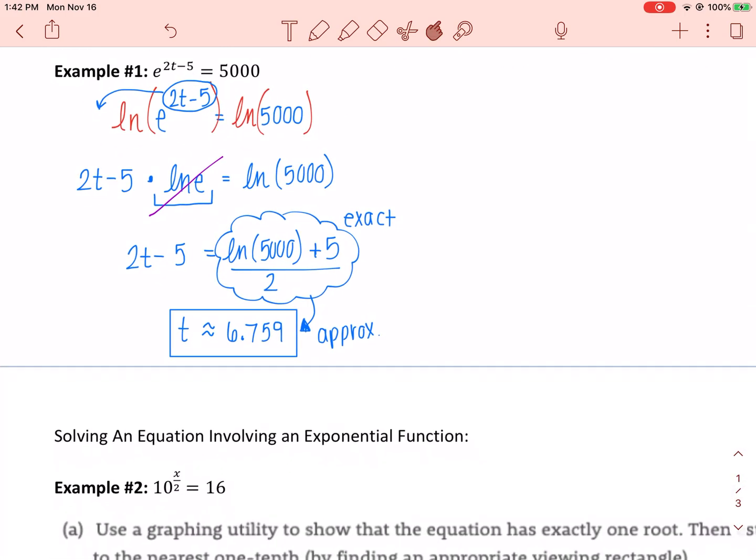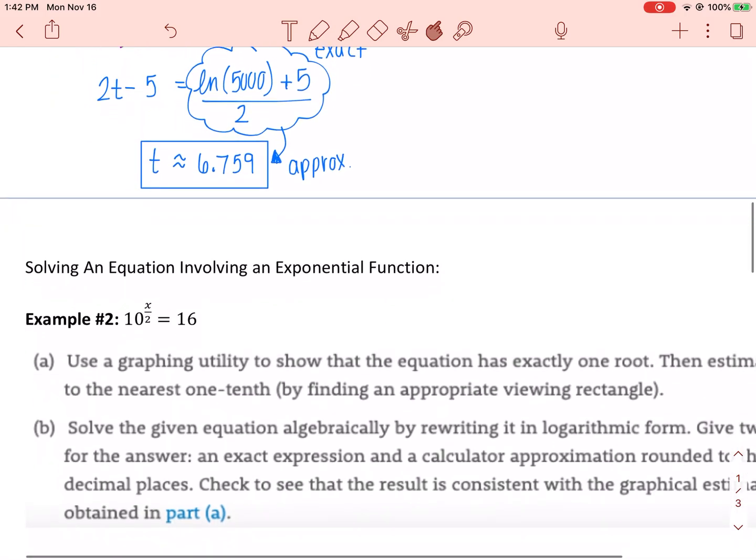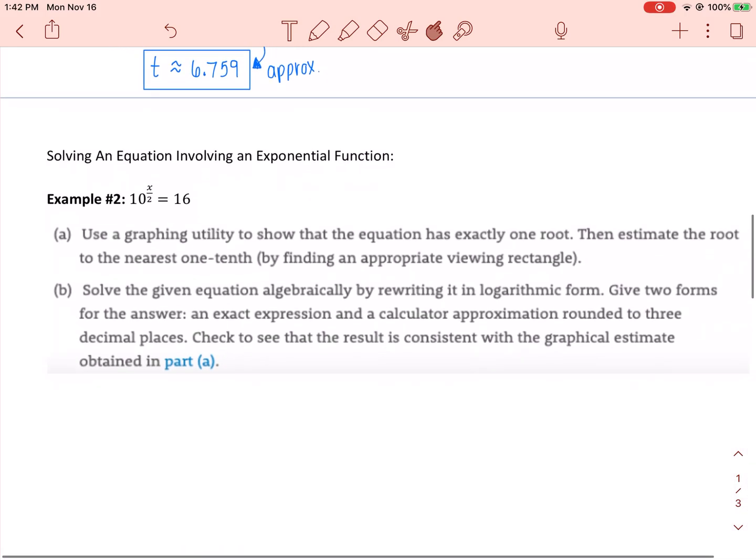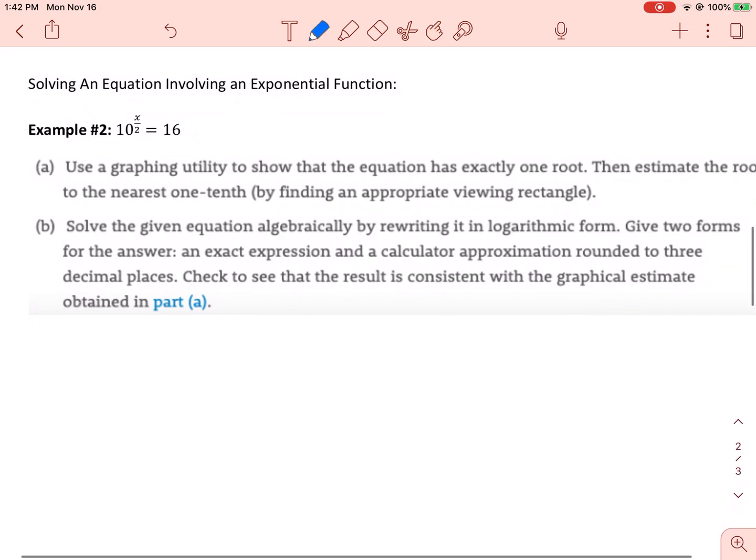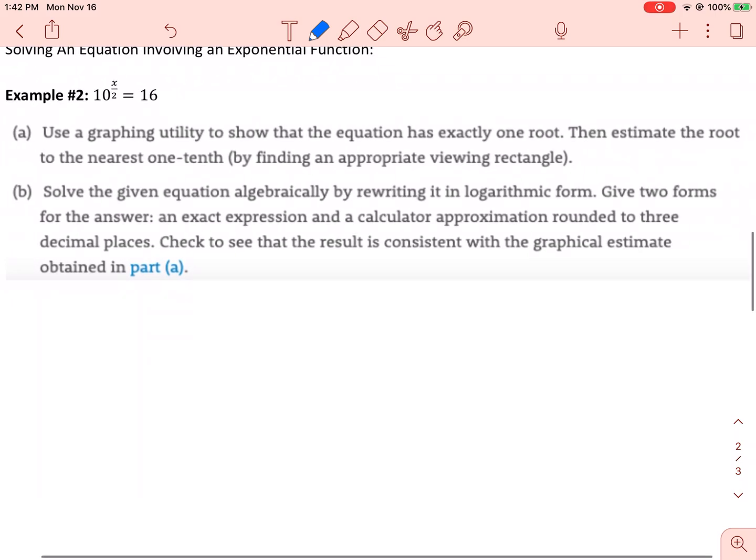Almost done. We're now going to solve an equation using an exponential function and our graphing utility. So for this one, step A, it says use a graphing utility calculator to show the equation has exactly 1 root. Then estimate the root to the nearest 1/10.